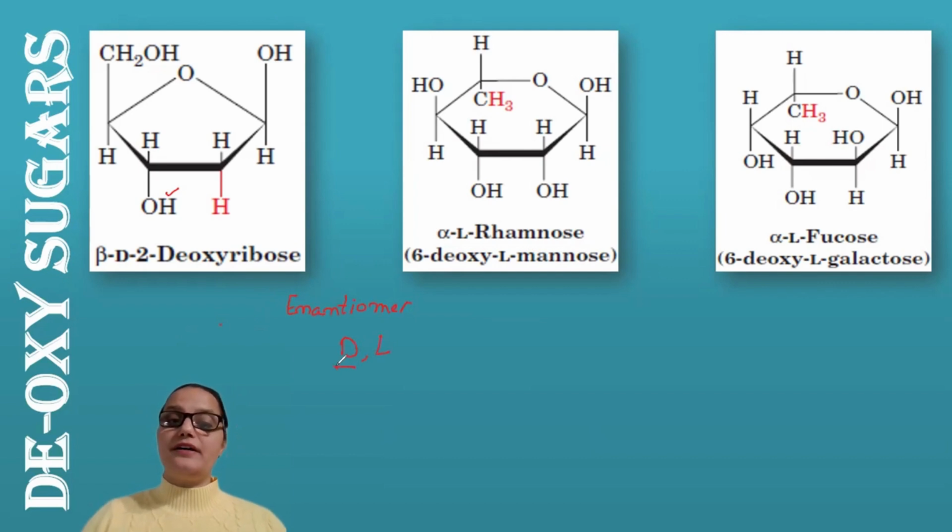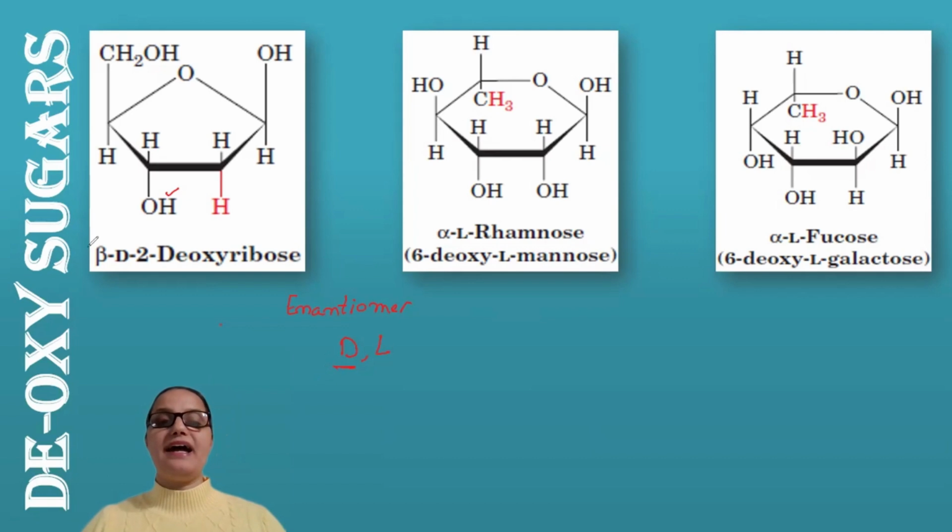D forms are when the chiral carbon farthest from the carbonyl group has the hydroxyl group directed towards the right hand side of the carbon skeleton.